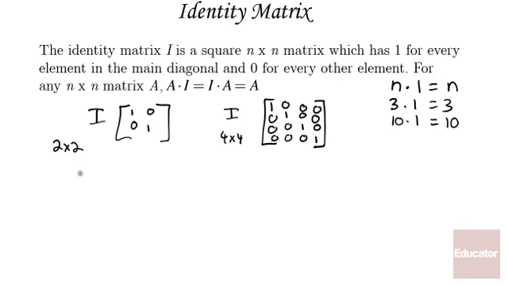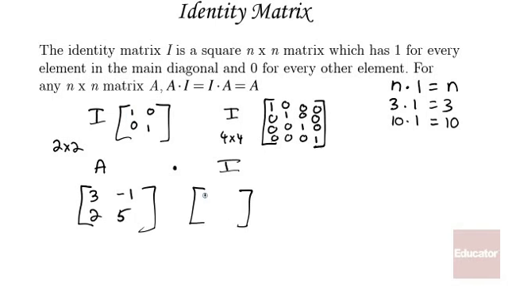Let's say I had some matrix A, and it's going to be 3, -1, 2, 5. And I'm going to multiply it by its identity matrix, which is going to be this one, because it's a 2 by 2. And let's see what I get. Well, recall that for multiplication, if I'm going to look for row 1, column 1, I'm going to multiply row 1 of this first matrix times this first column here.